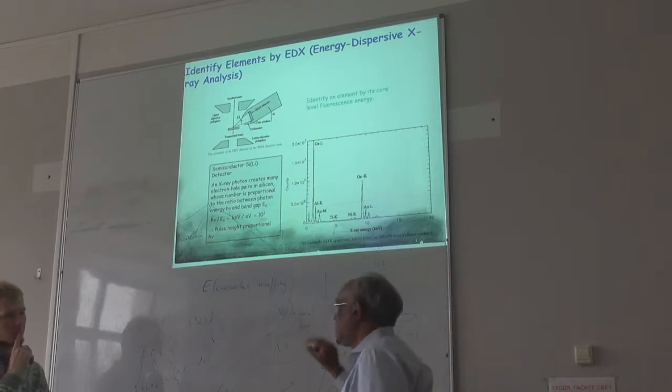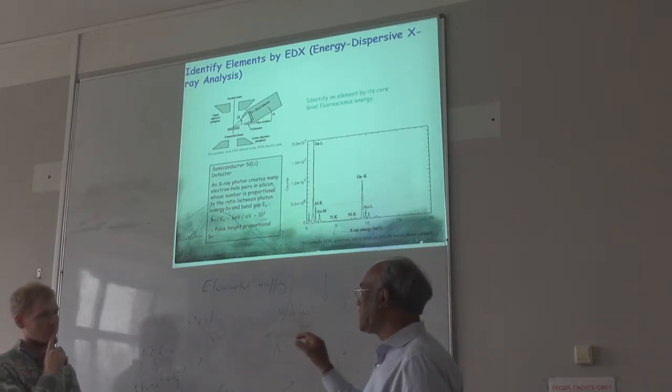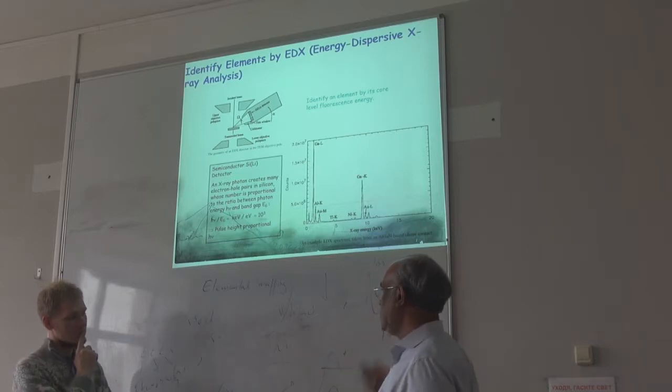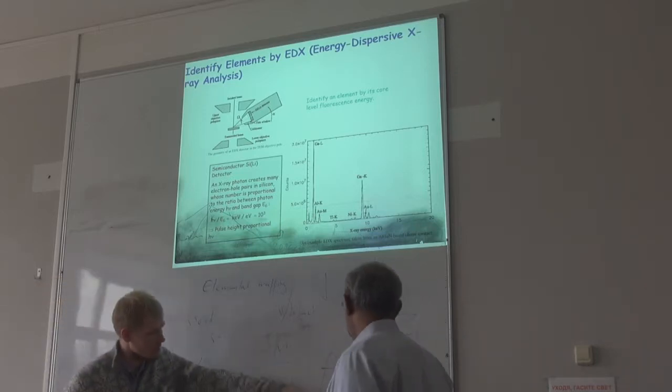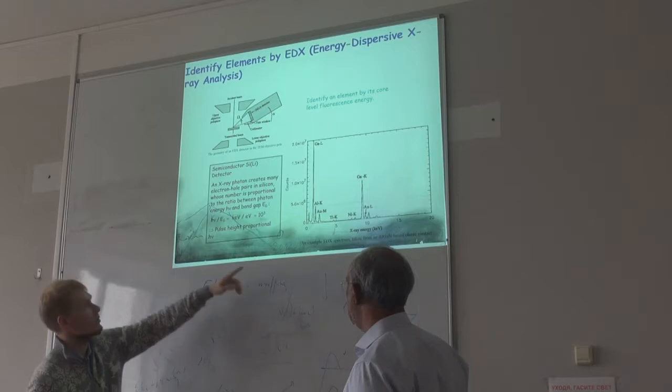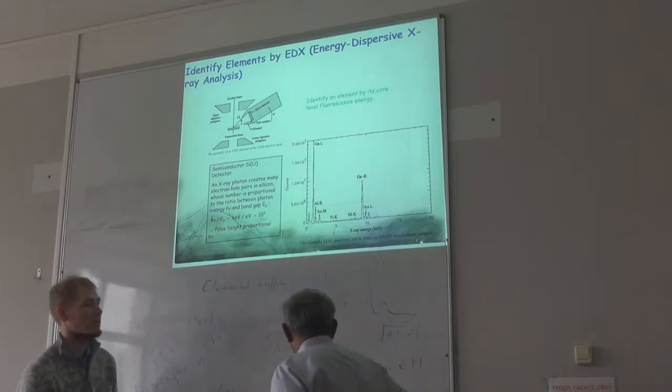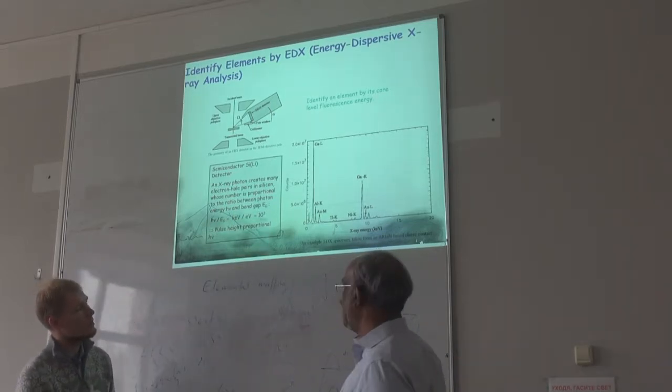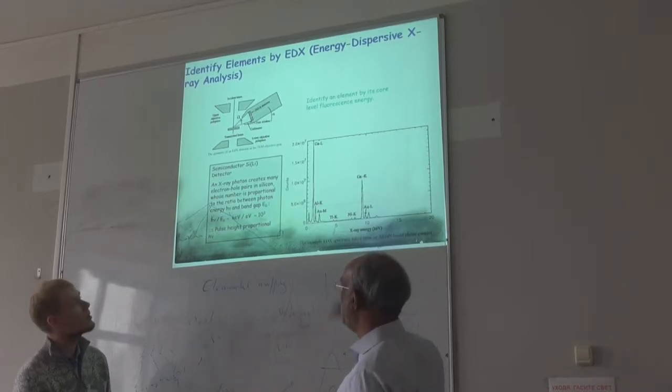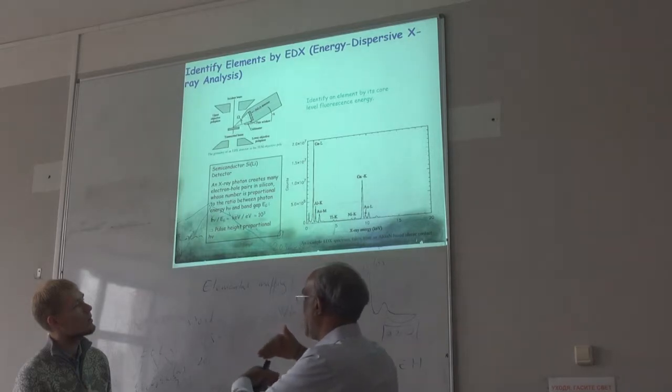Then this is fed to something called the scaler. You only have to define two energies, and between those two energies, because these all come in the same energy range.